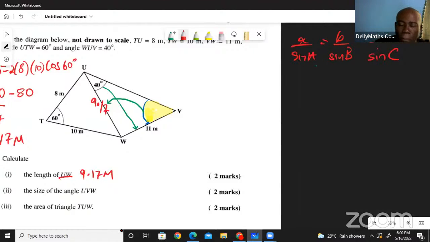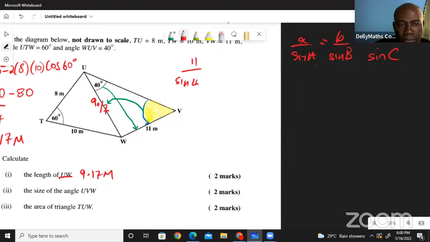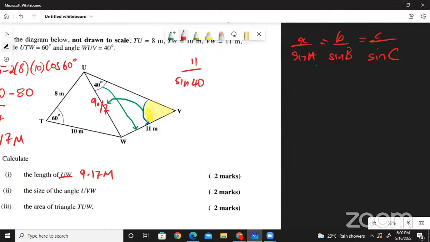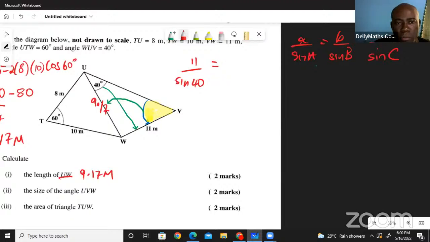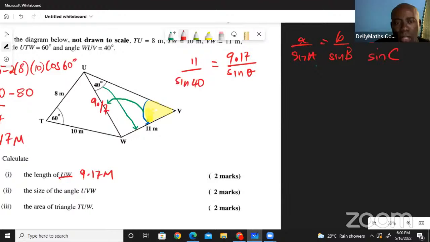But we only need 2 pairs, like a known angle and the side opposite to it, and then we could use any one from the other and go forward. So let's go. We're talking 11 over the sine of 40. Look at my arrows that I have in green. 11 over the sine of 40 is equal to 9.17 over the sine of the angle.